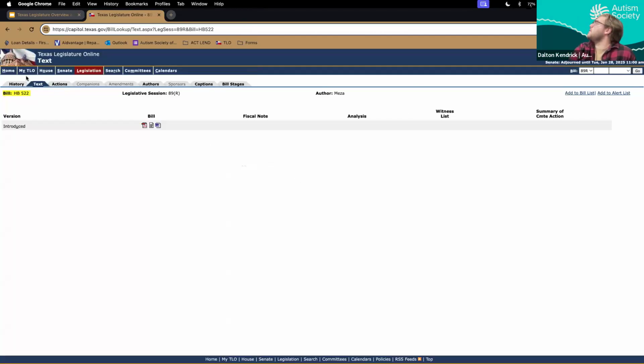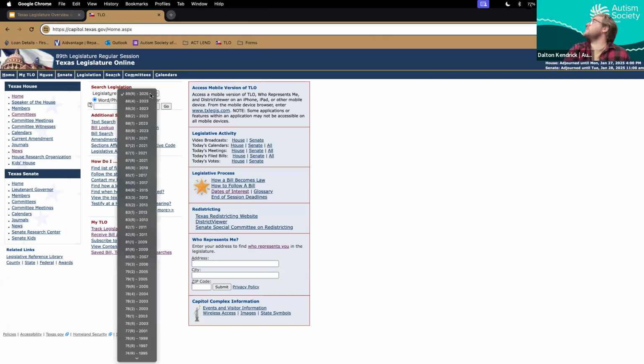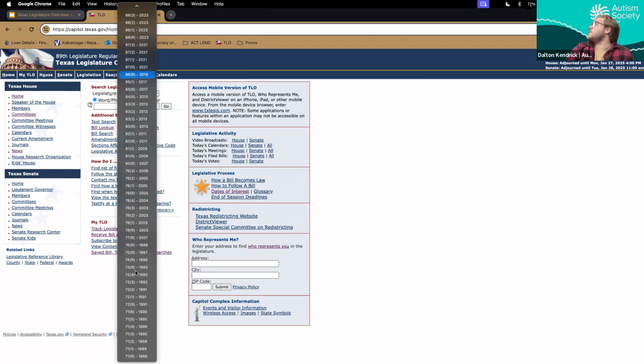Trying to think if there's anything else on here I should cover. If you want to see previous years' legislative bills or anything like that, you can use this little drop down, and you can see all of the different legislative sessions all the way back to 1989. So if you're curious what was filed in 1989.